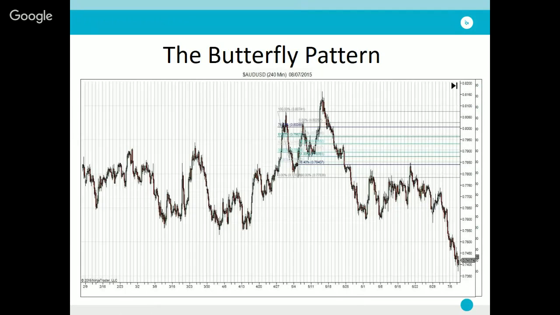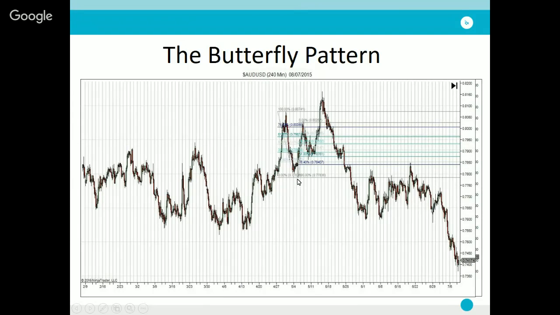So again, in terms of how we trade this pattern, if we go back to a close-up version, once more, we're simply looking to trade a reversal from the D point. So that's the common theme with all of these harmonic patterns, is that we're looking to trade a reversal from the D point. So in this instance, we're looking to sell from the D point, and our target is typically the XA leg of the structure.